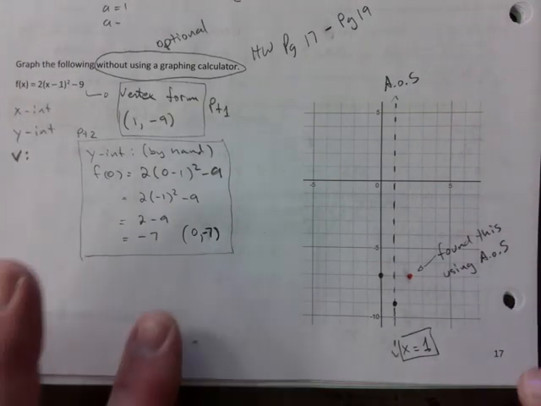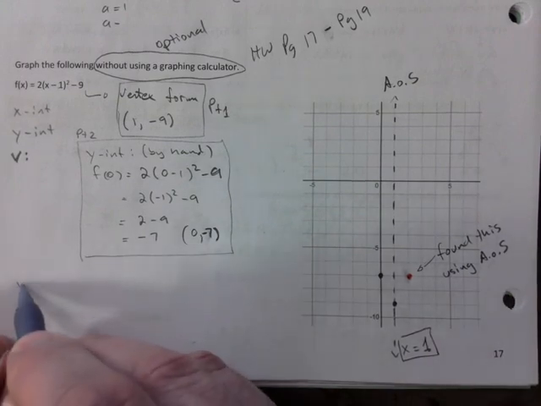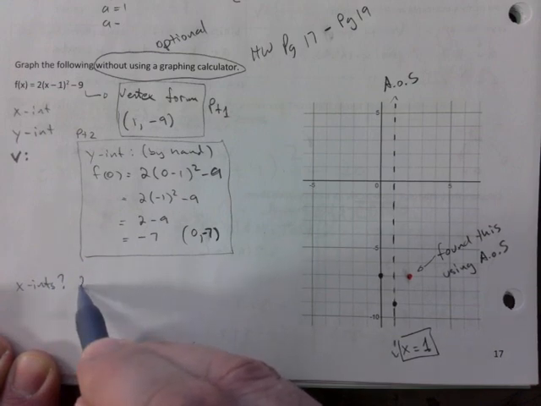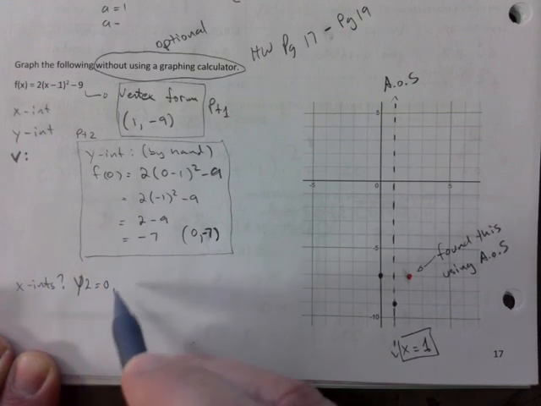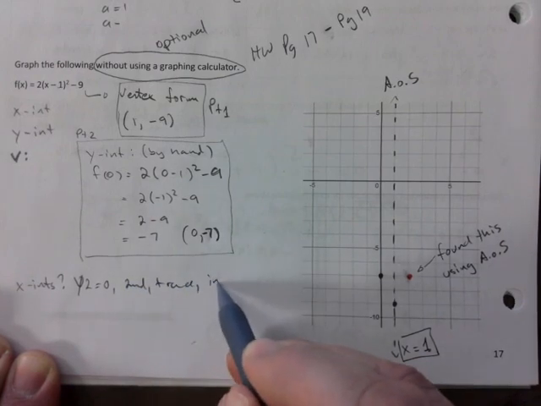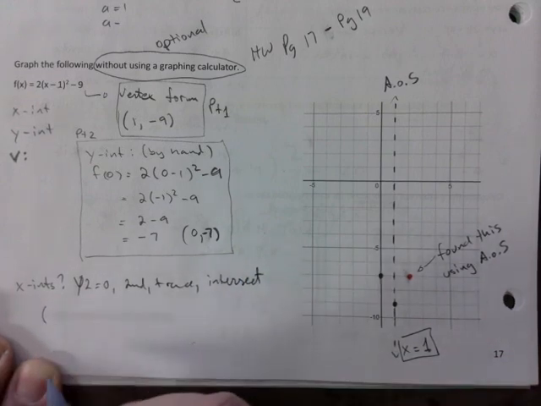I want to have the x-intercepts on here, so let's review how to do that. X-intercepts, we're going to go y2 is equal to 0, second, trace, intersect. Did you already do that?